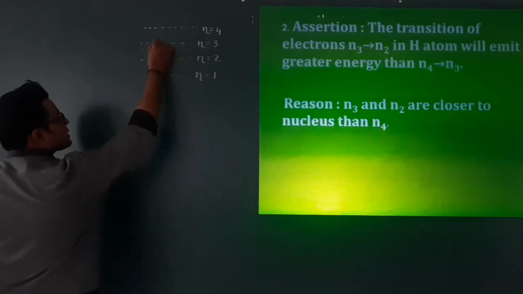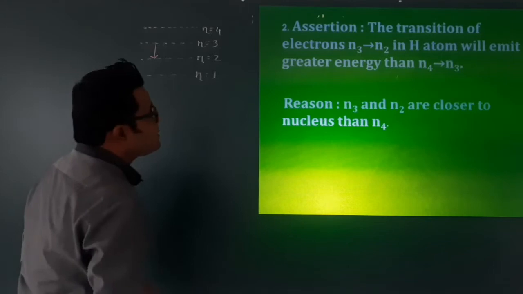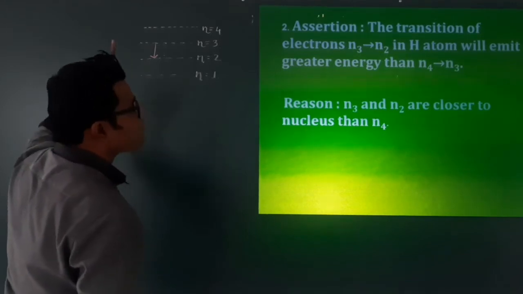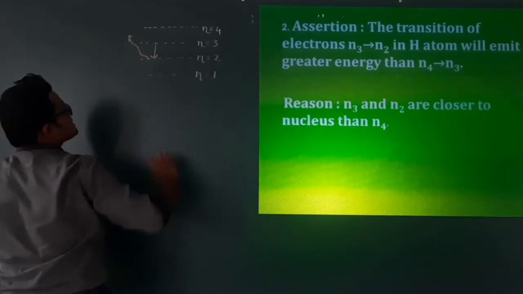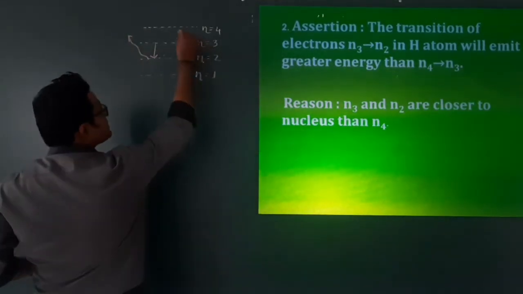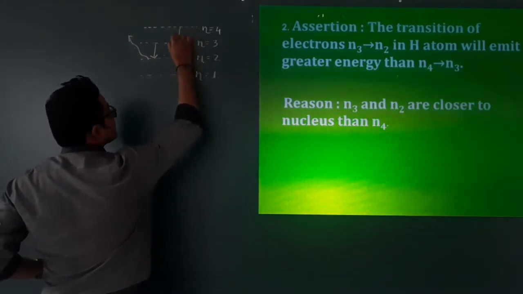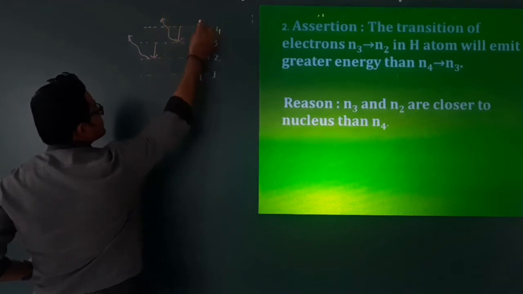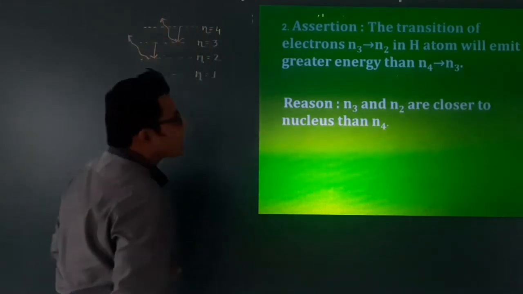This is the first transition. This particular transition is going to emit energy, and this energy is higher when we compare to the energy that has been emitted because of the transition from n=4 to n=3. That means when we compare to this transition, the energy of this particular transition is higher.